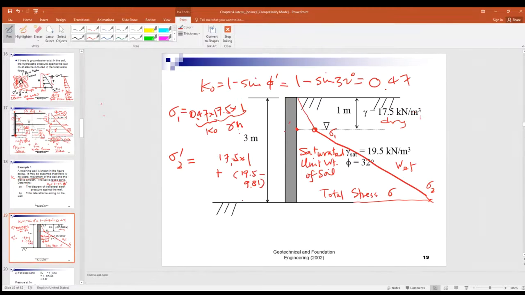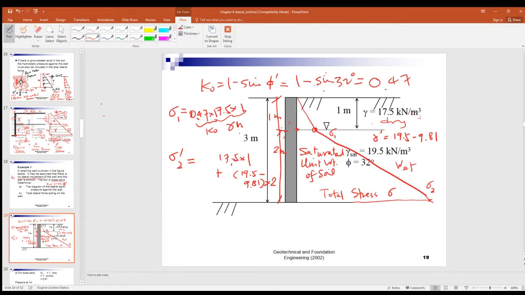That is gamma dash, which equals 19.5 minus 9.81, times what is the depth here? The upper part is 1 meter. What's the lower part? 2 meters, so times 2.